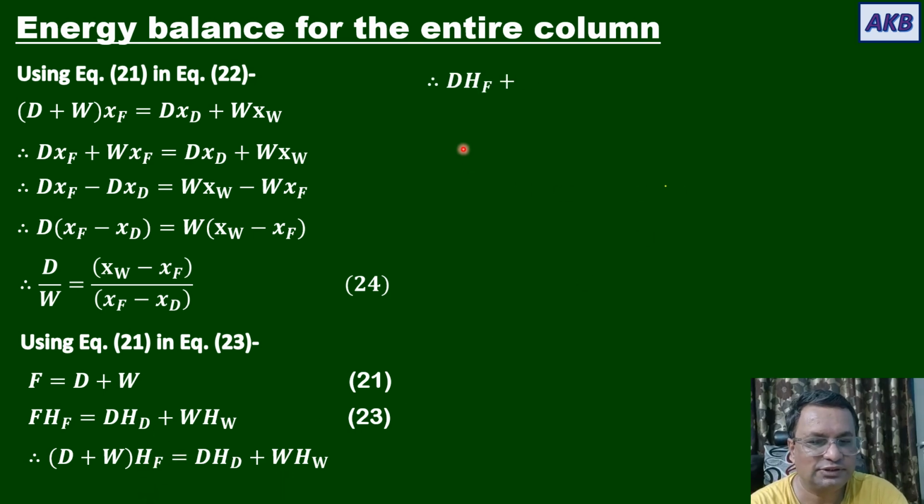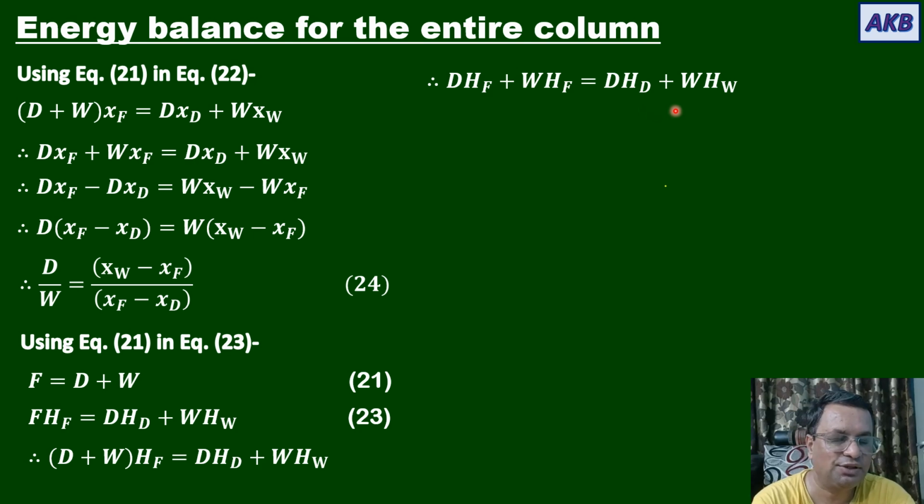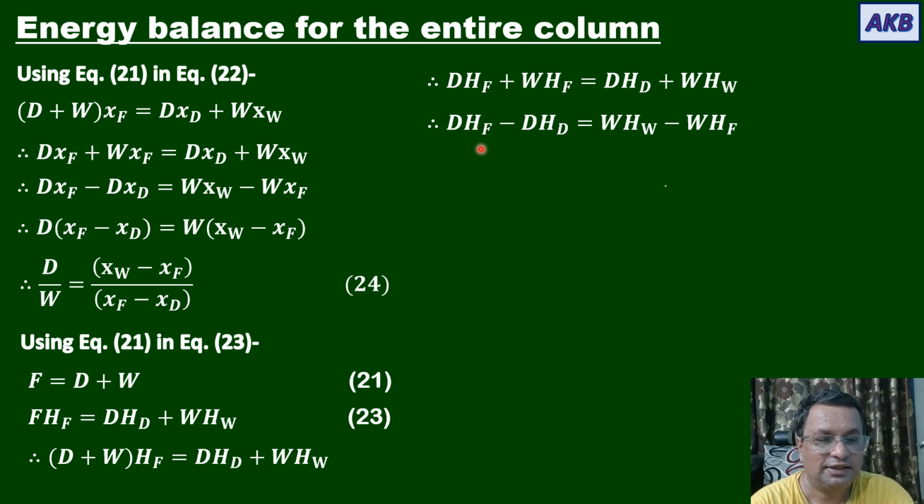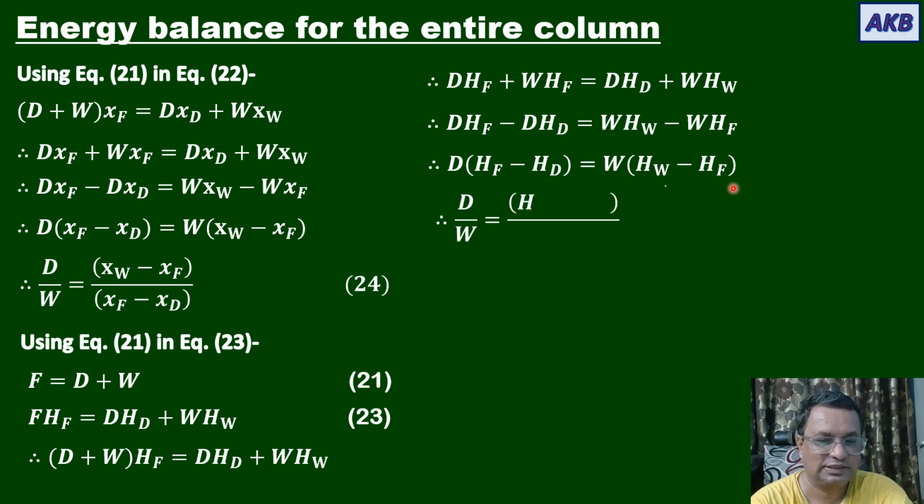In place of F we use D plus W. So we have (D plus W) into HF is equal to D into HD plus W into HW. Simplifying further, all D terms on one side: D into HF minus D into HD is equal to W into HW minus W into HF. D common, W common on the other side: D into (HF minus HD) is equal to W into (HW minus HF). Rearranging, D by W is equal to (HW minus HF) divided by (HF minus HD), and I'm calling it equation 25.